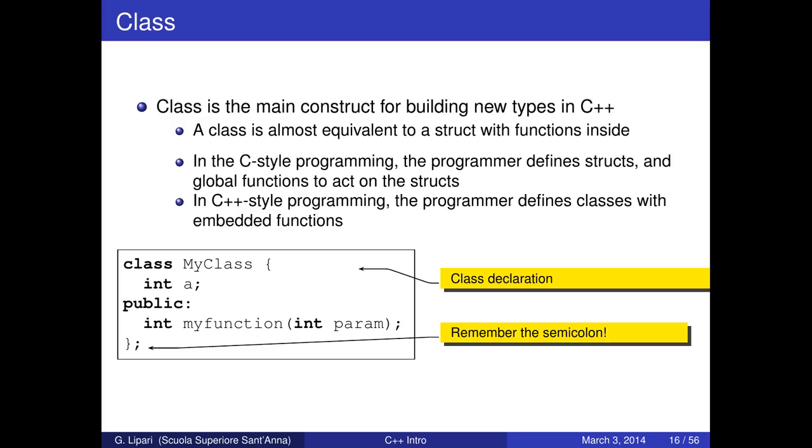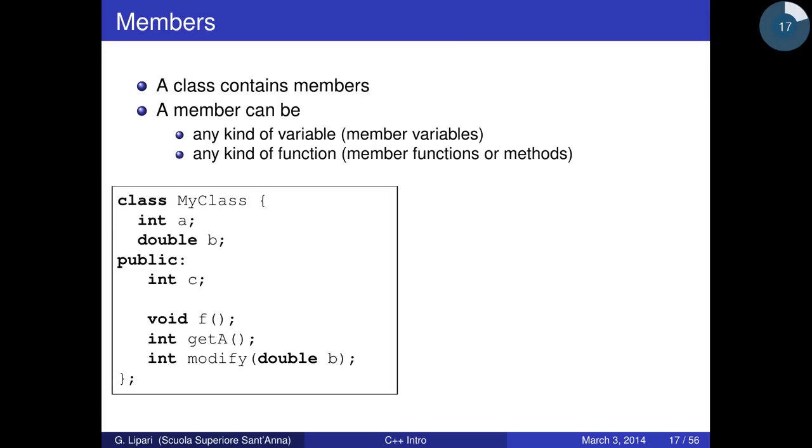In C++, instead, what you would do is define classes and functions inside the class which act on the objects. Okay? So here we have the declaration of a class, my class. Then you have defined two things inside this class. One is an integer, so data, and another one is a function. Remember that at the end of the class definition you have to put a semicolon.